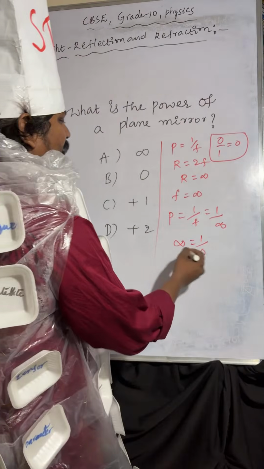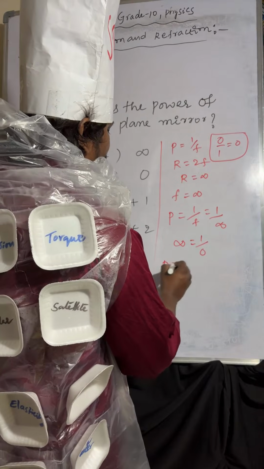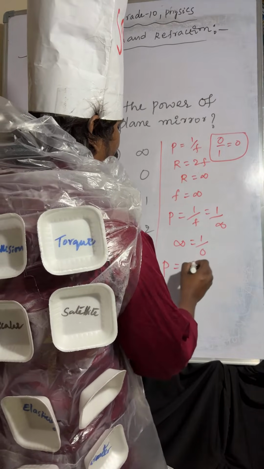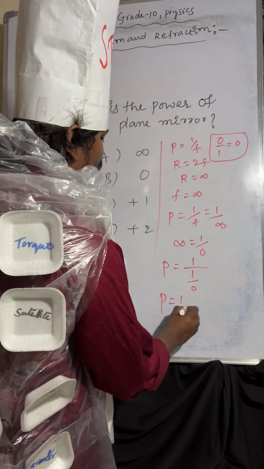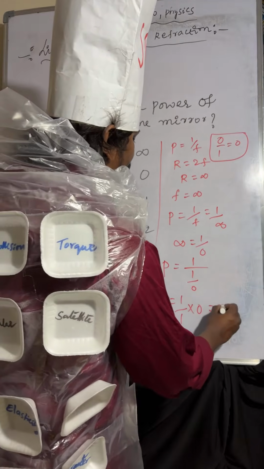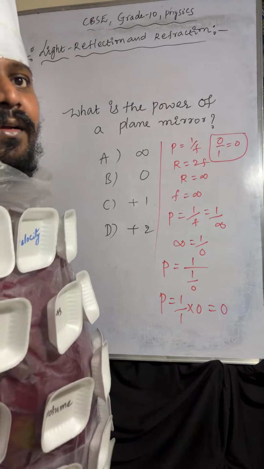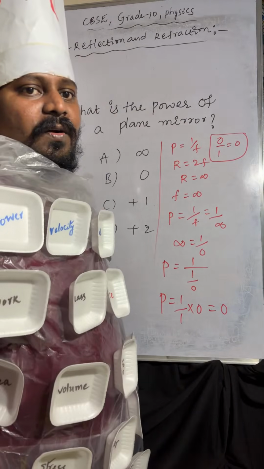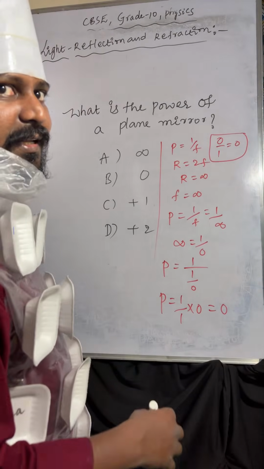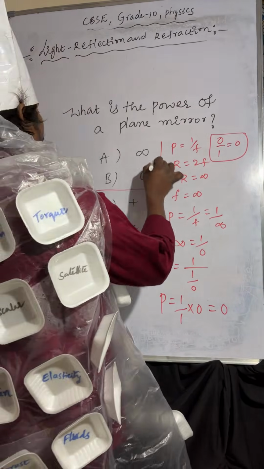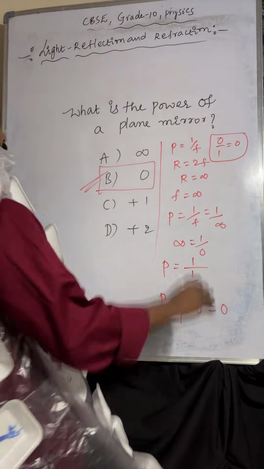So P equal to 1 by infinity, which is 1 by 1 by 0, so the answer is 0. Power of the plane mirror is 0. Understood or not? So what is the answer? Option B is correct.